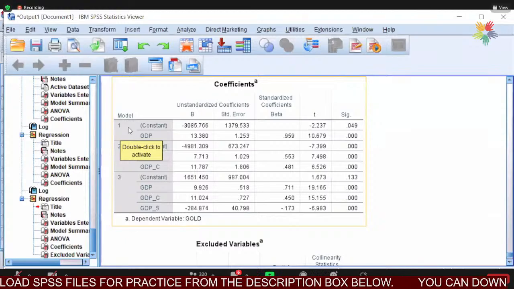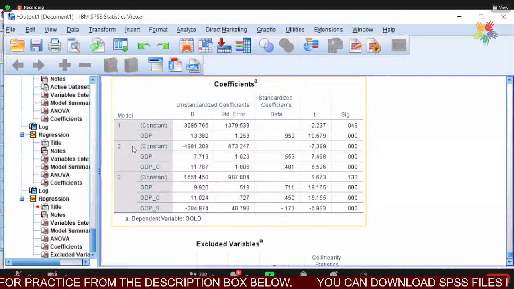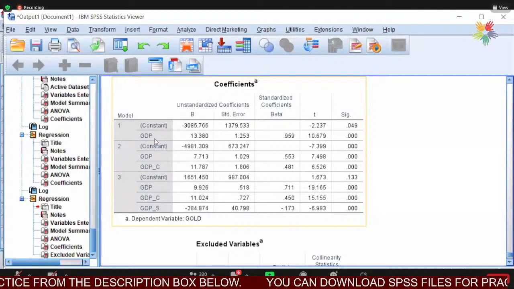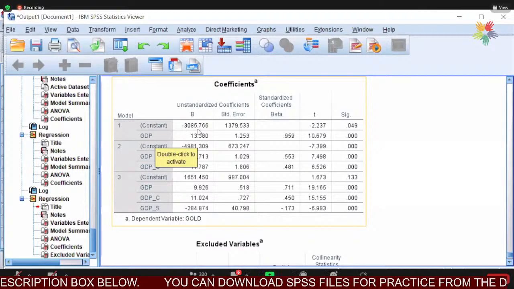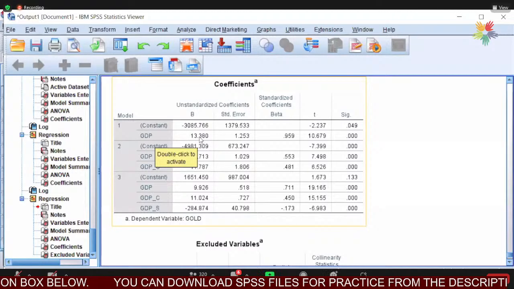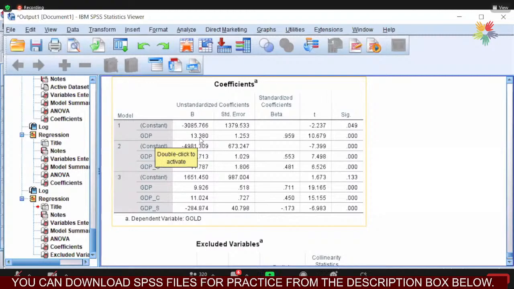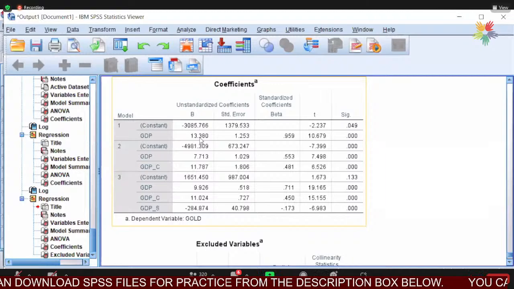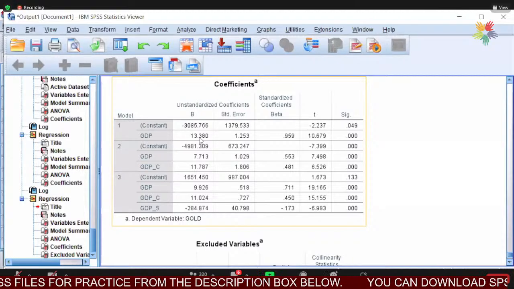It says, if at all you want to take only one variable, then you take this GDP alone, right? Then you can write one equation with this constant and one beta, right? Then you can write one equation with one variable. If some people want to have only one variable, you take that equation, right?